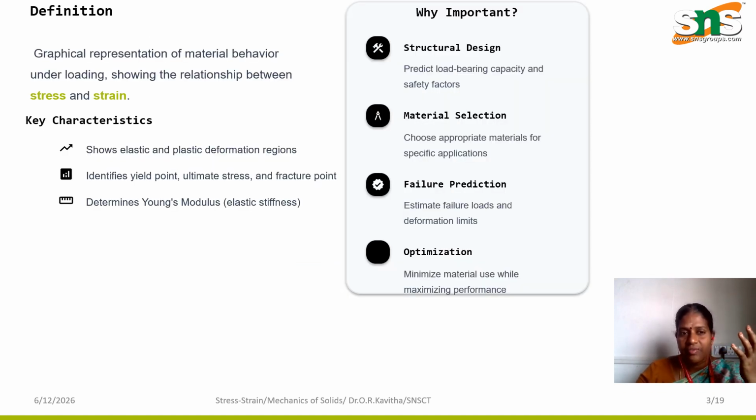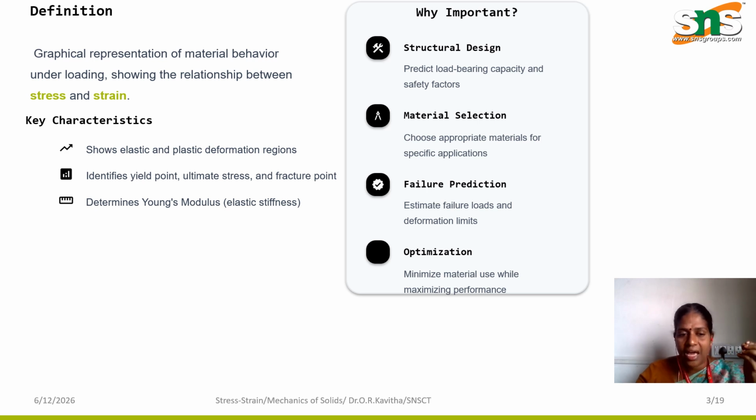Material behavior under load can be determined by testing and by drawing the graph between stress and strain. Why is it important? If we are designing any structures, we have to predict the load carrying capacity and also the safety factors.